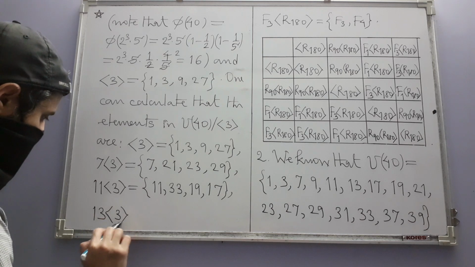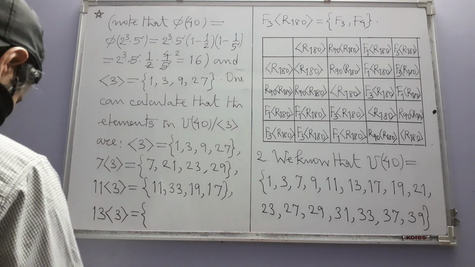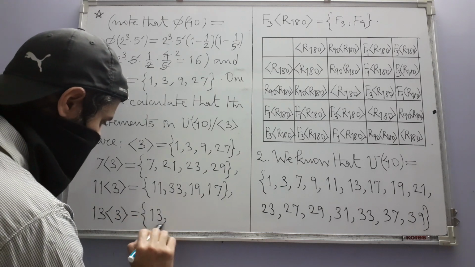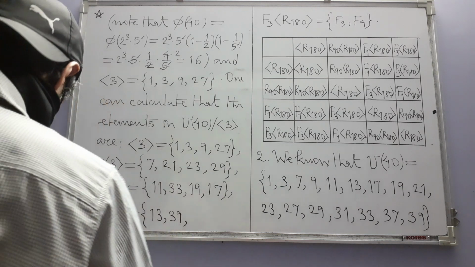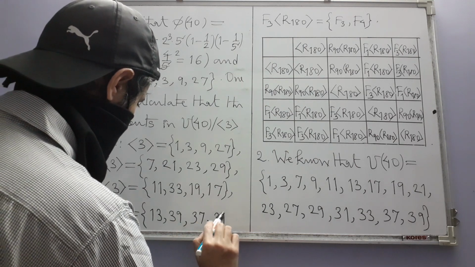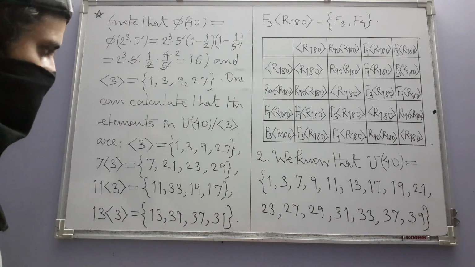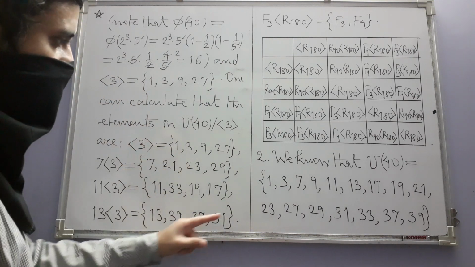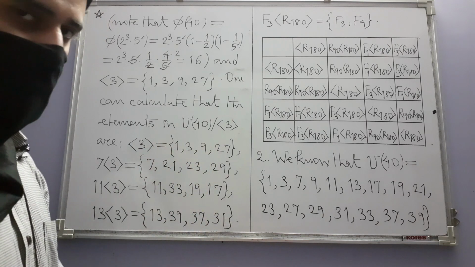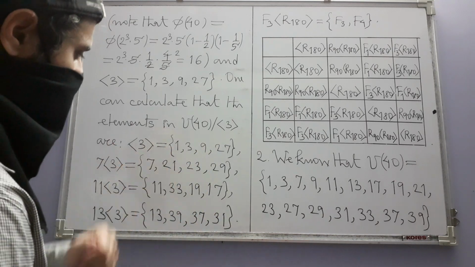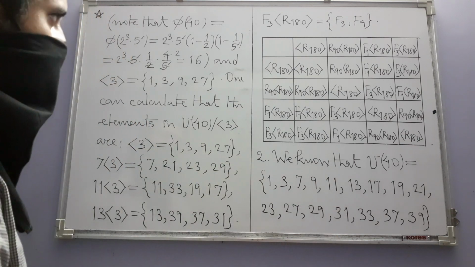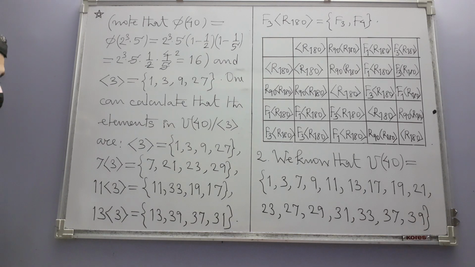And finally we have this one, 13, 39, then 37 and 31, and you can verify that these 4 sets form a partition of this. So they are non-empty, of course, you can see that they are mutually disjoint and their union is the entire group.